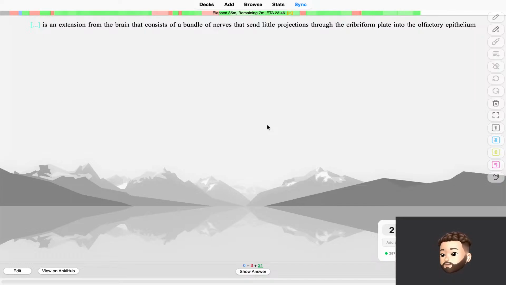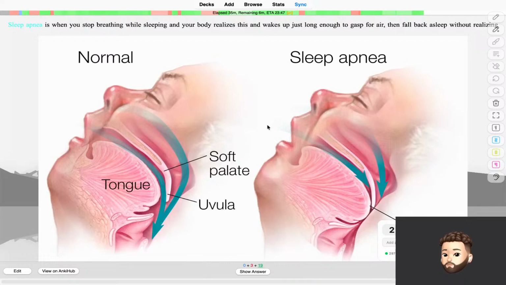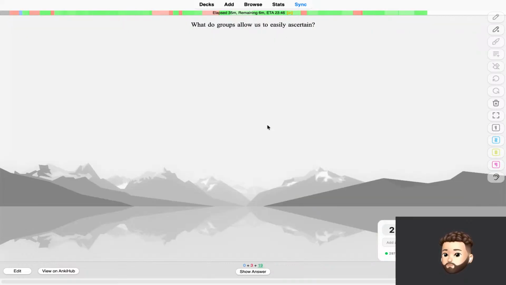This is the olfactory bulb. Sleep apnea. The number of valence electrons. A protein with a carbohydrate-based prosthetic group.